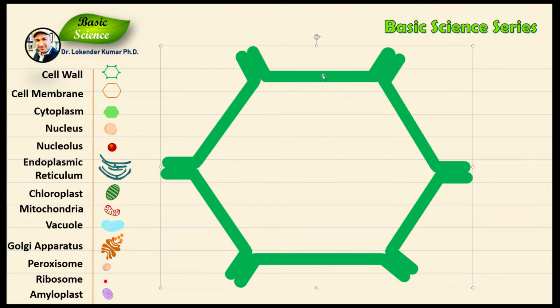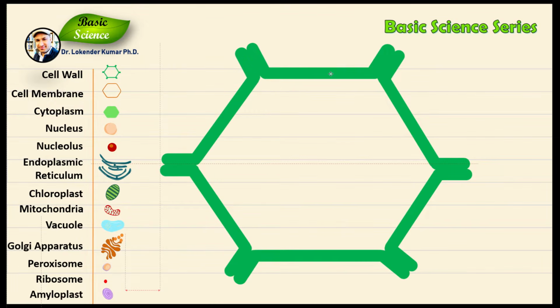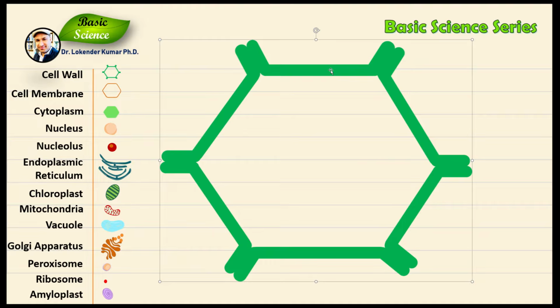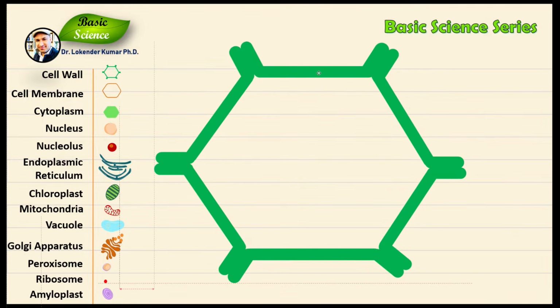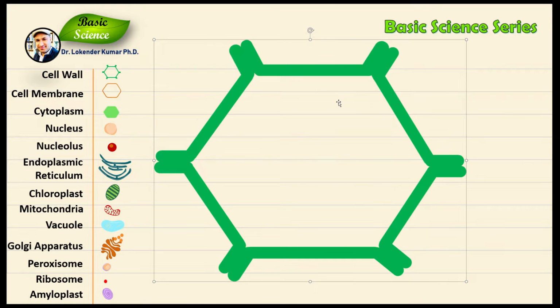Another important thing about the plant cell wall specifically is that, as it's present in plants, its type may depend upon the developmental stage of the cell and also the different types of plant cells. The basic structural components of the plant cell wall are cellulose, hemicellulose, and also pectin.